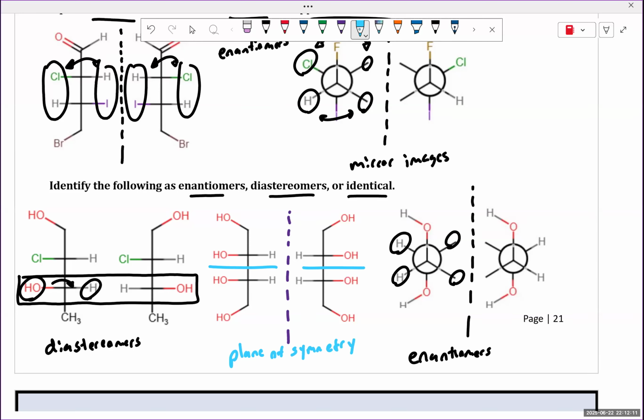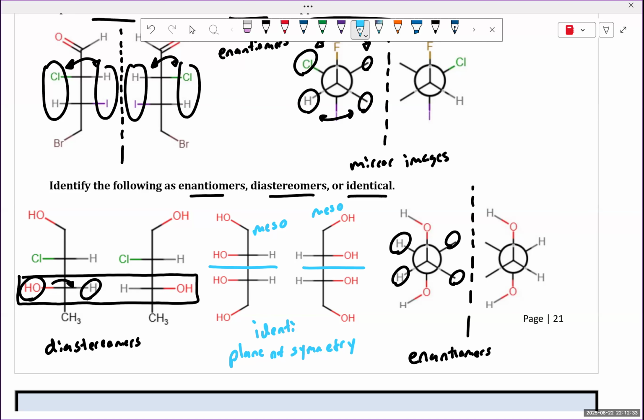That tells us that even though these two molecules look like enantiomers, these are a pair of meso compounds. And as we discussed, a pair of meso compounds are not enantiomers.